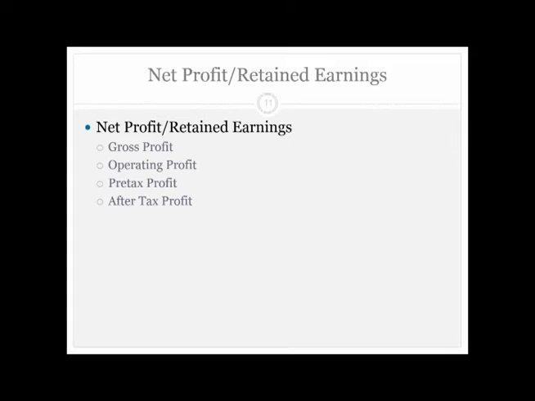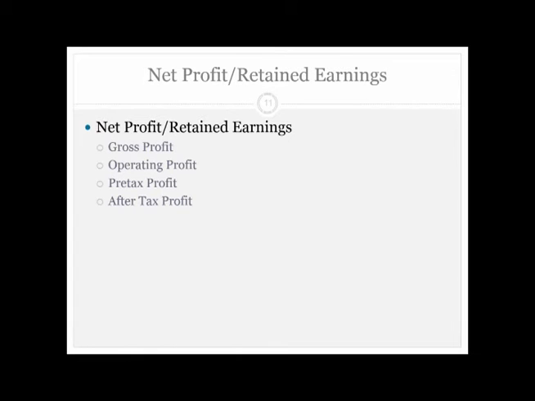The net profit, or retained earnings, is also referred to as net income or operating profit. We could call it pre-tax profit. If your company is subject to tax, you would take your pre-tax profit, subtract out your taxes, and then you've got your after-tax profit.